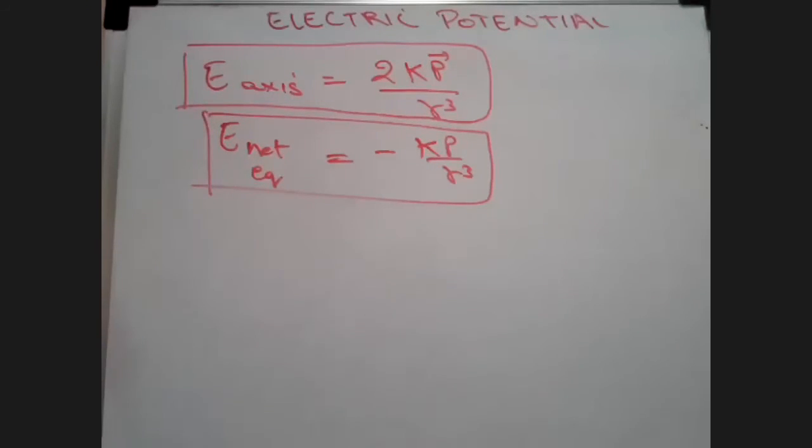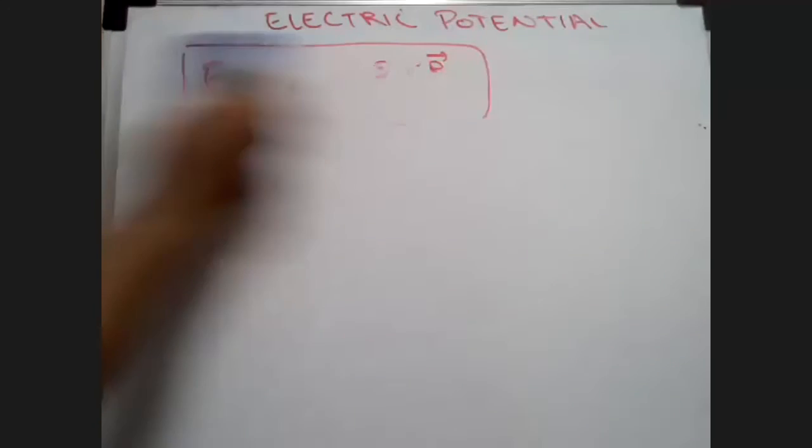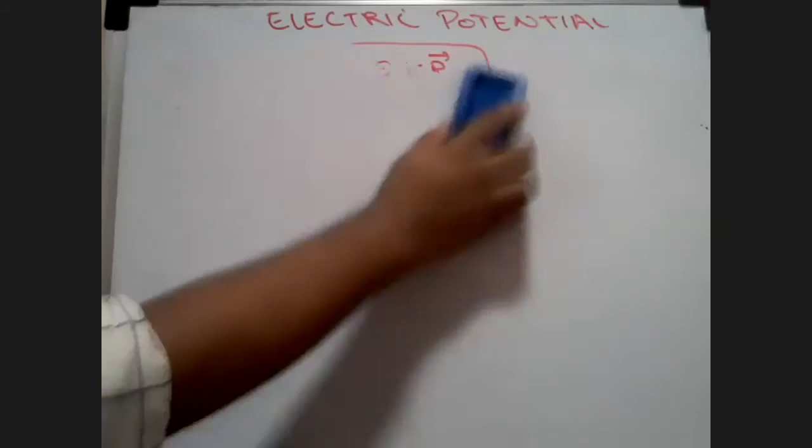Okay, so now let's do a small question. I won't be writing down the question, it's a huge question. Listen to me. A charge is situated at a certain distance from the electric dipole. So there is a charge at a certain distance.